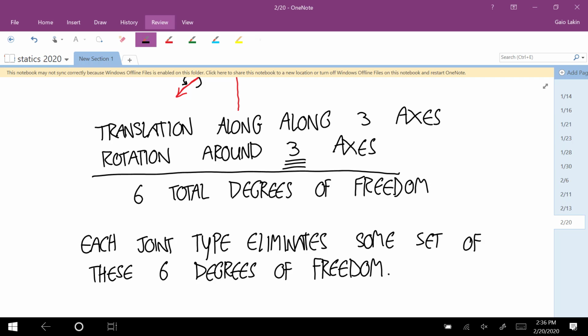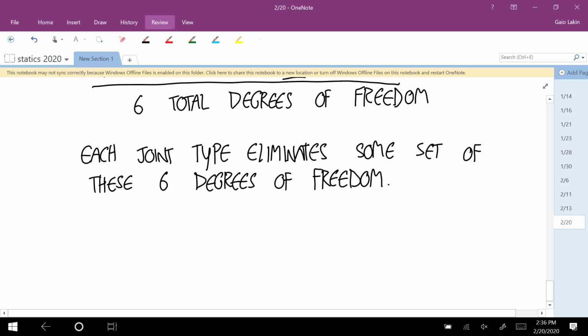Again, the way it's going to work is if a translation is disallowed, it's going to be disallowed by a force along that axis. And if a rotation is disallowed, that's going to be done by a couple about that axis. Okay. Forces now are going to be given, a force vector is going to be shown like it was before, an arrow.